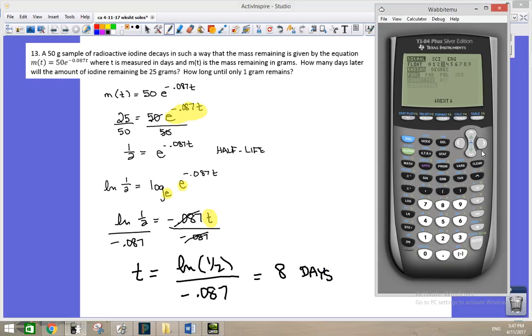What if we round this to 2 decimals? Then you'll see that we have 7.97. All right, let's round it to 1 decimal. I wanted to say 8. I'm stubborn.